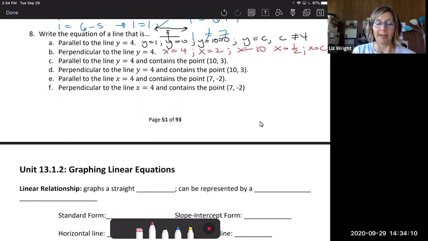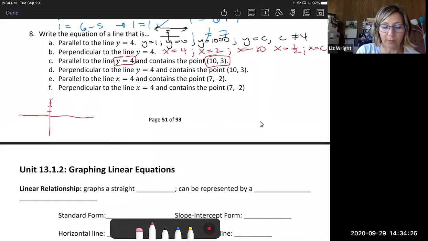All right, letter C, it's parallel to this one, and it contains the point 10, 3. So it's parallel to y equals 4, which means, again, do a little postage stamp graph. It's parallel to y equals 4, 1, 2, 3, 4. So that means we've got a horizontal line at y equals 4. And so our line is also going to be a horizontal line, is what that tells us. So it's going to be y equals something, and then it goes through the point 10, 3. So it's like 1, 2, 3, 4, 5, 6, 7, 8, 9, 10, up 1, 2, 3.